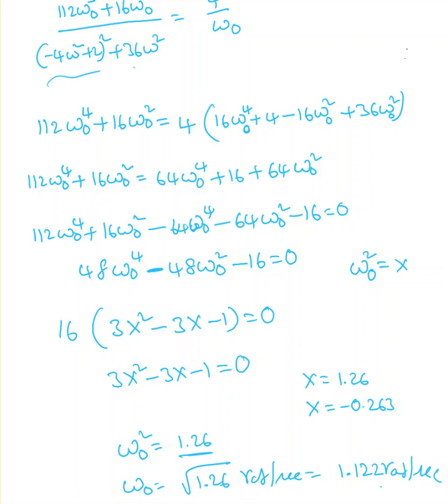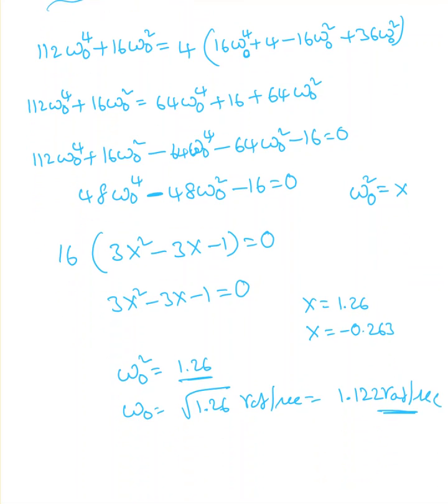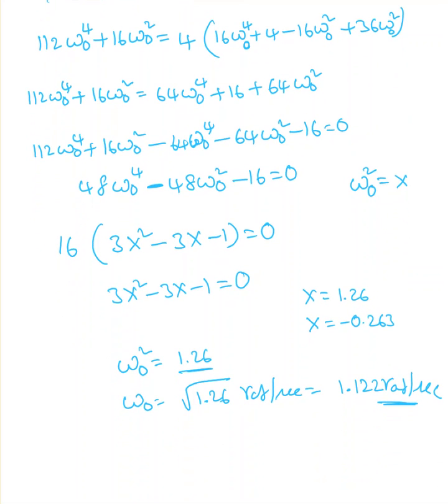That is the angular frequency, resonant frequency, and f naught equal to 1 over, omega naught is nothing but 2 pi f naught. So f naught equal to omega naught over 2 pi. Okay, I will accept this answer in the exam.